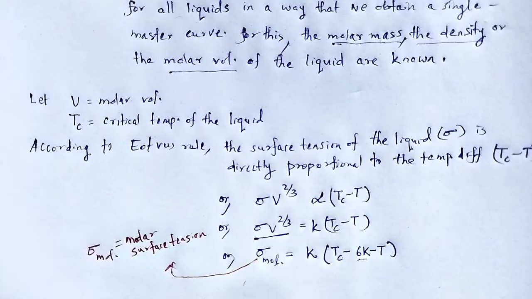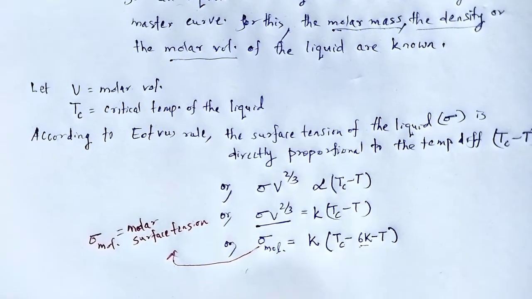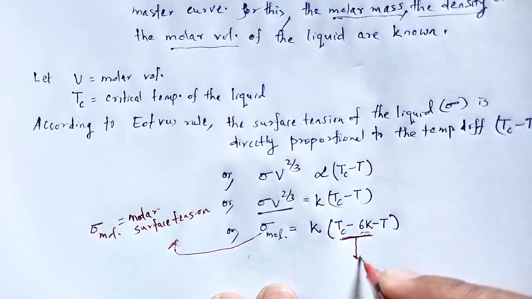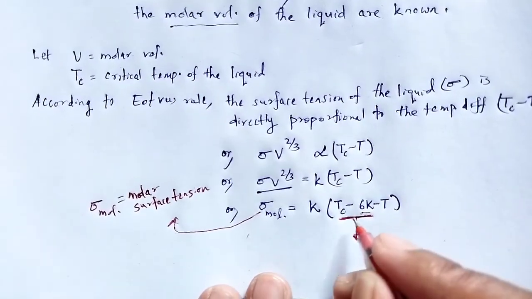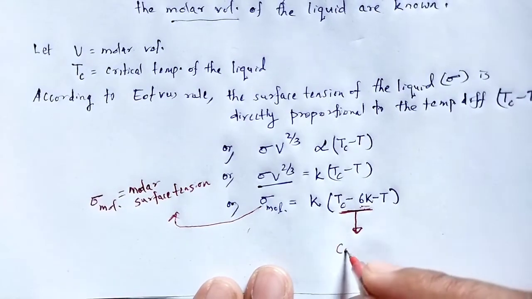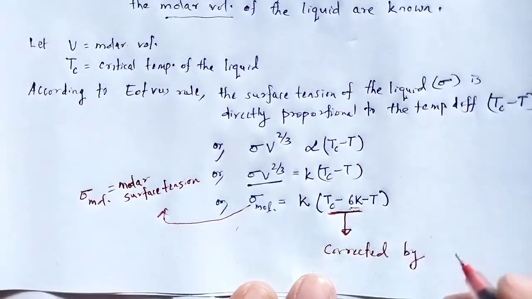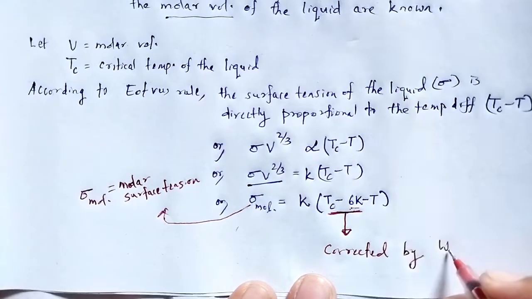This correction, Tc minus 6K, is by William Ramsay.